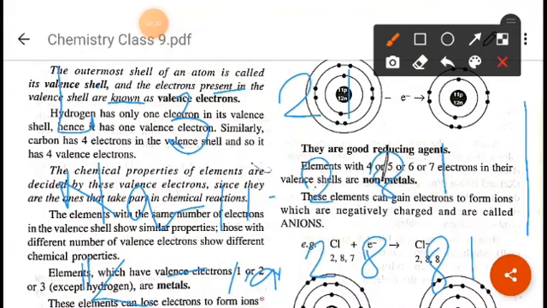So these are the electronic configurations of lithium, sodium and potassium.